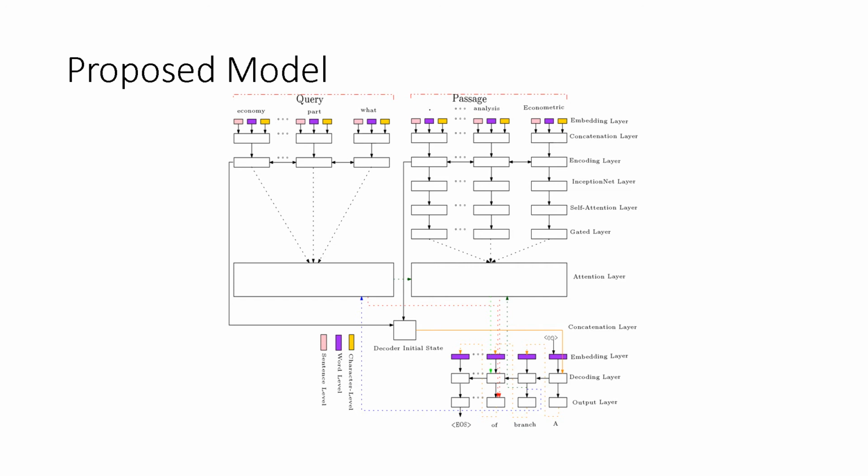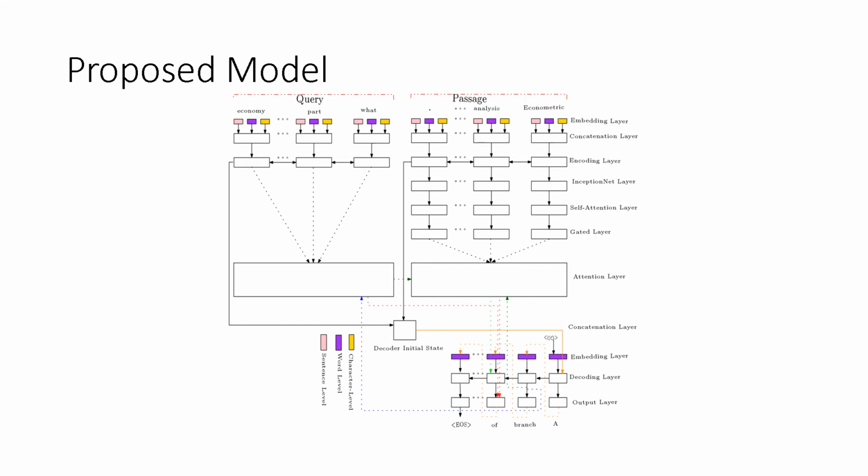Then we have the self-attention layer, which is responsible for strengthening the learning of the features from the bottom layers. Then we have the gated layer, which basically filters the output of the passage encoder. We apply those three layers only to the passage, and not to the query, because usually the query is a short sequence of tokens, and we are unable to apply those layers.